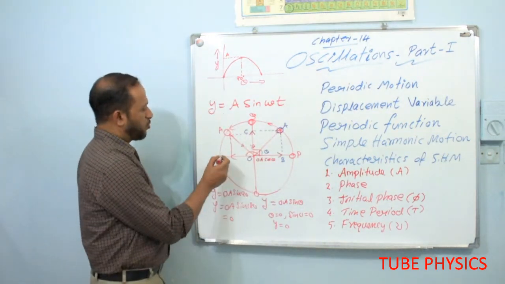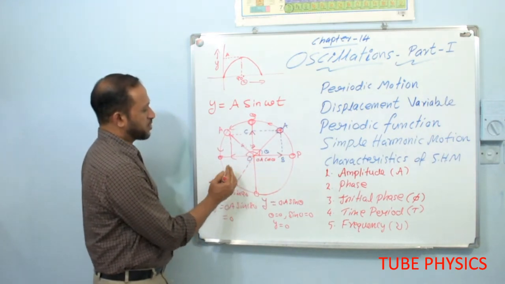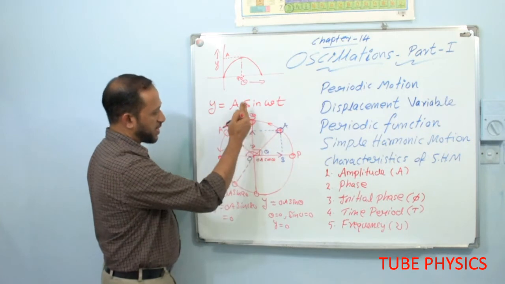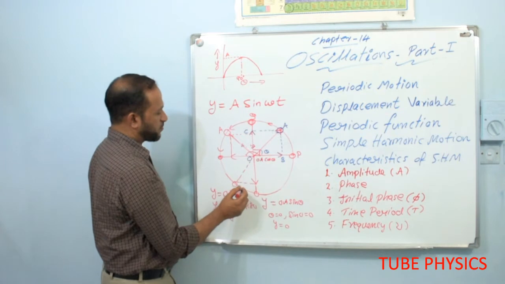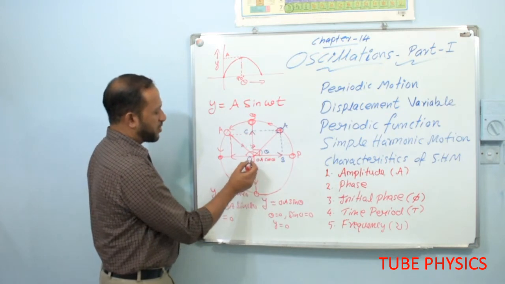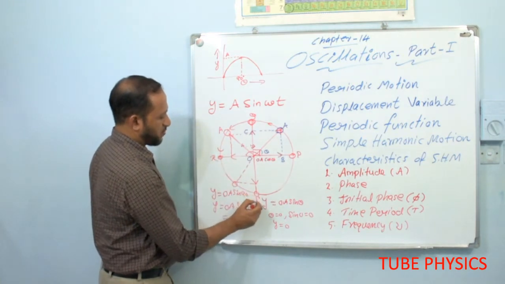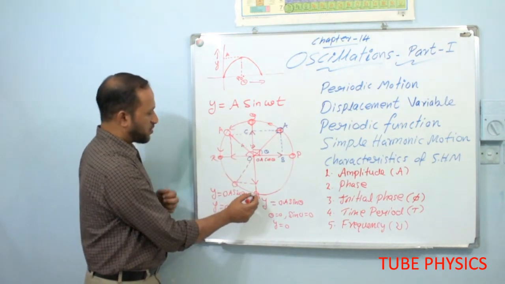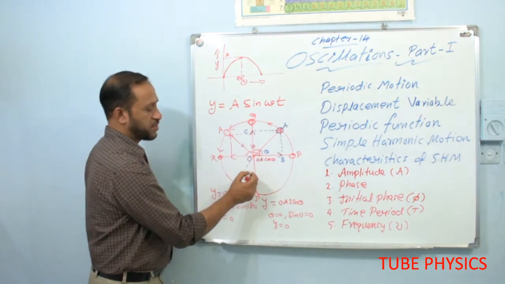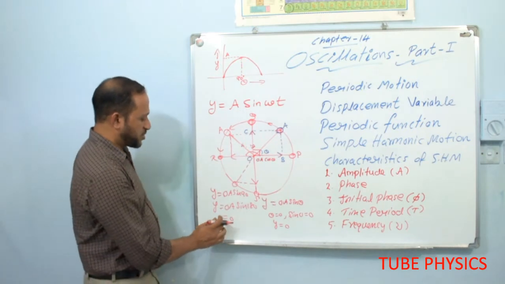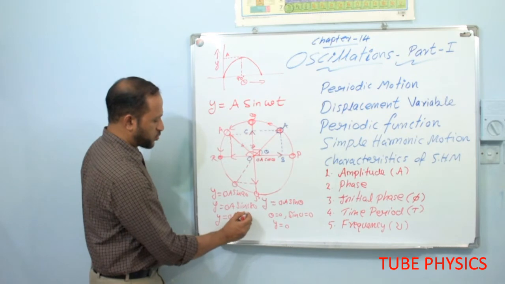Again, it keeps on moving in this direction, and suppose it reaches somewhere here. At that time, the projection of this position vector on the y-axis is this much only. When the particle reaches the point S, after P, Q, R, the total angle turned becomes 90 plus 90 plus 90, that is 270. If you apply this equation, y is equal to OA into sine 270.